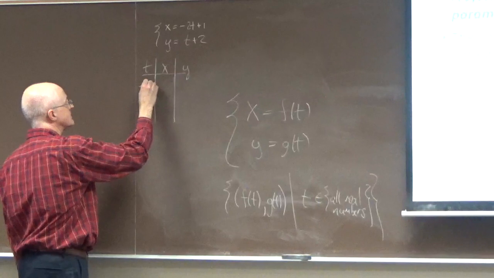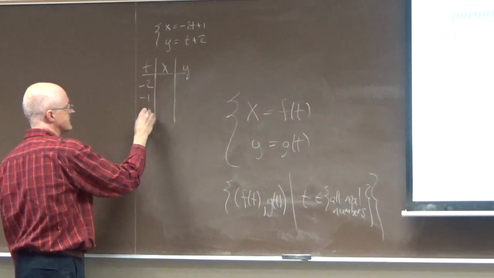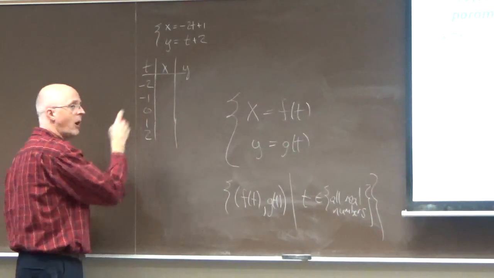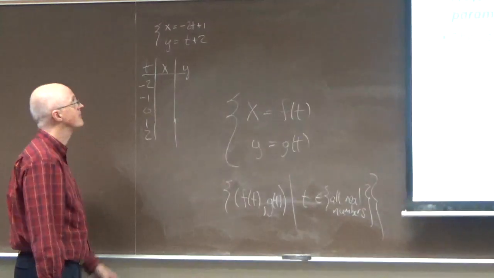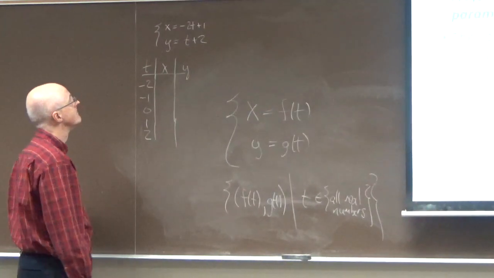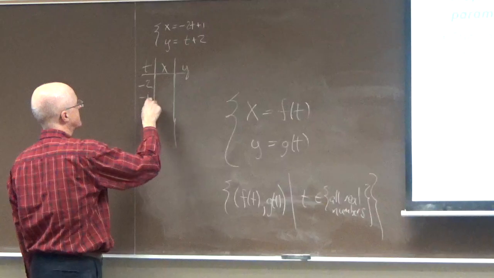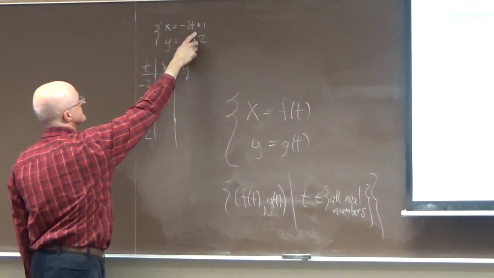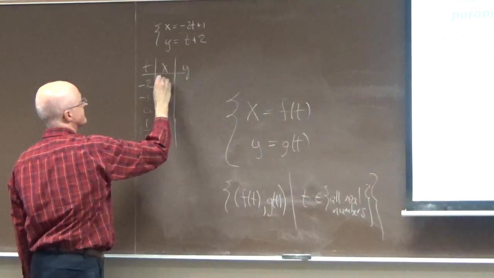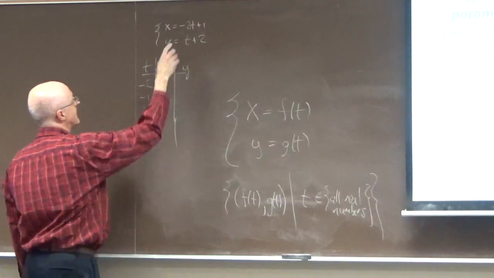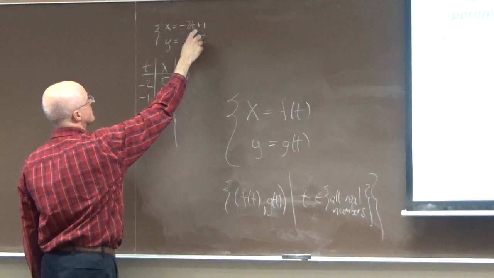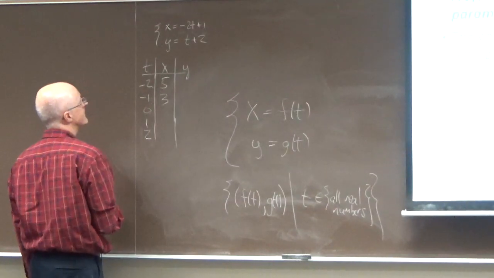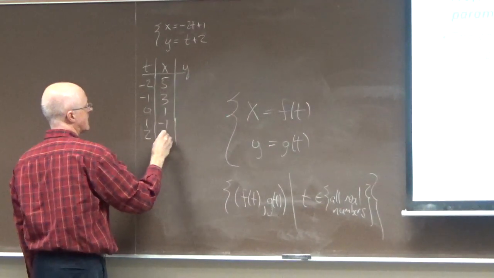Plug in different values for t, like say negative 2, negative 1, 0, 1, 2. Find both x and y based on these 2 equations. Plug in negative 2, negative 1, 0, 1, and 2 into x's equation. Negative 2 times negative 2 is positive 4, plus 1 is positive 5. Negative 2 times negative 1 is positive 2, plus 1 is positive 3. If you plug in the other numbers, you're going to get those.